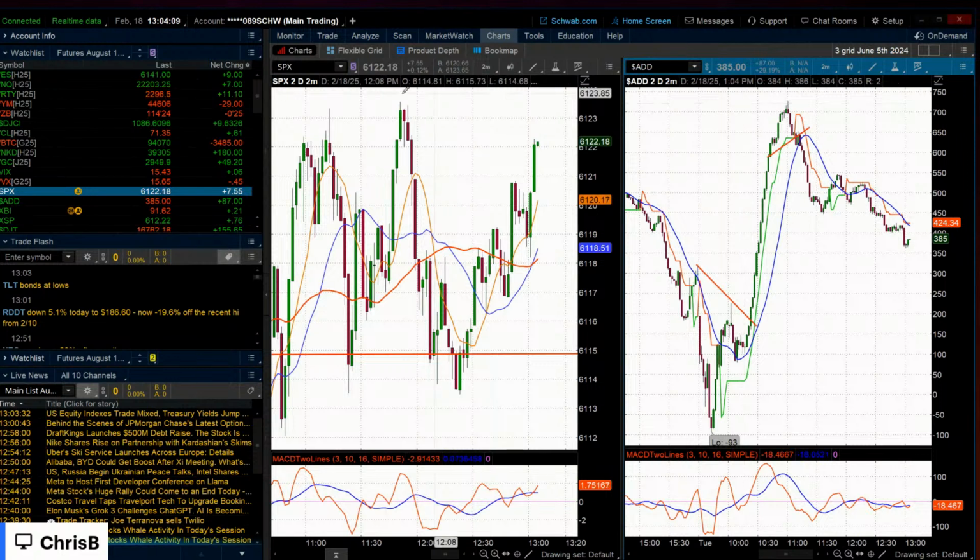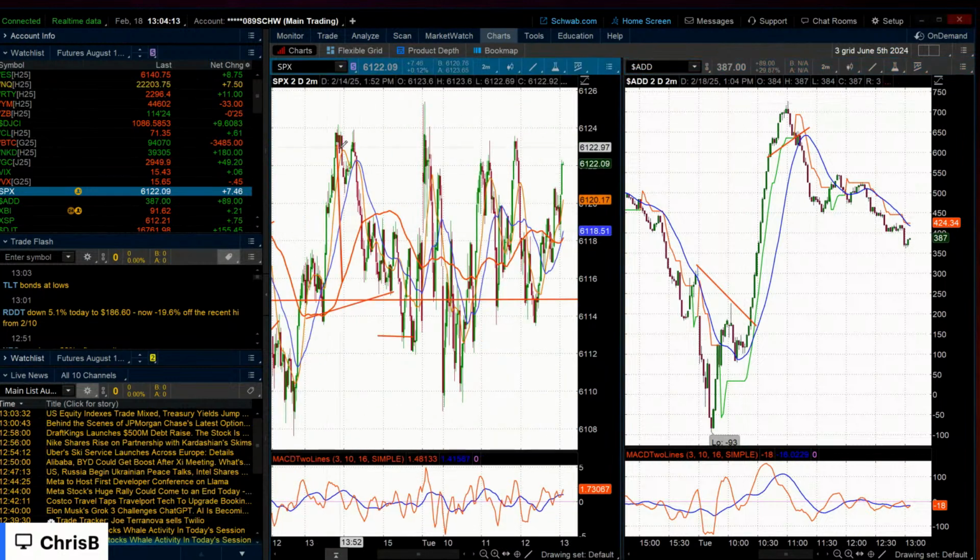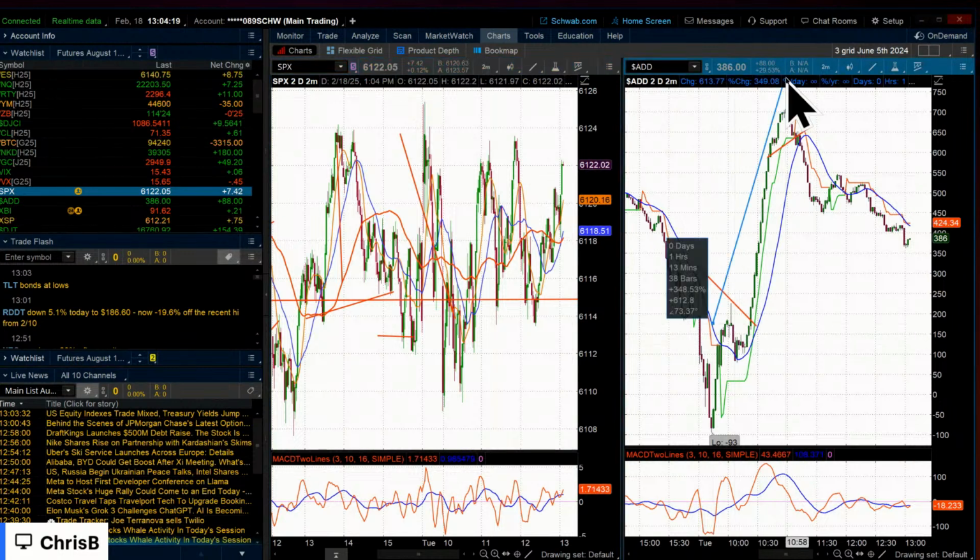The key was that when this was going down right here, but the advanced decline was doing that, that usually means you don't go and short it. So keep that in mind. Doesn't mean you have to buy it, but that's a big warning sign not to go and buy puts.